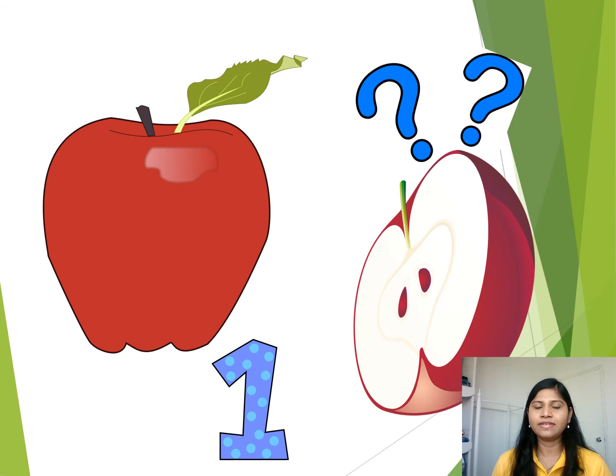So remember, decimal numbers have whole numbers, that is 1, and decimal digits are the part numbers that have a value less than 1. So after the decimal point, whatever digits we see have a value that is less than 1.